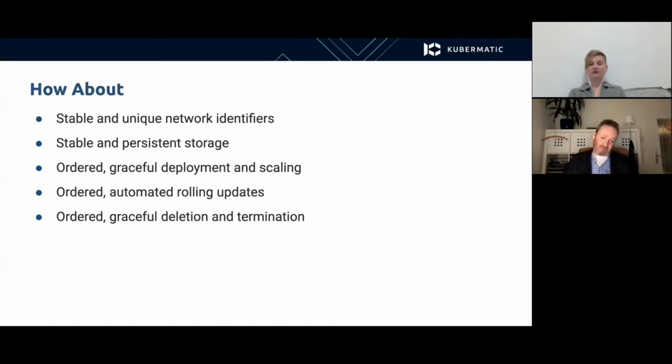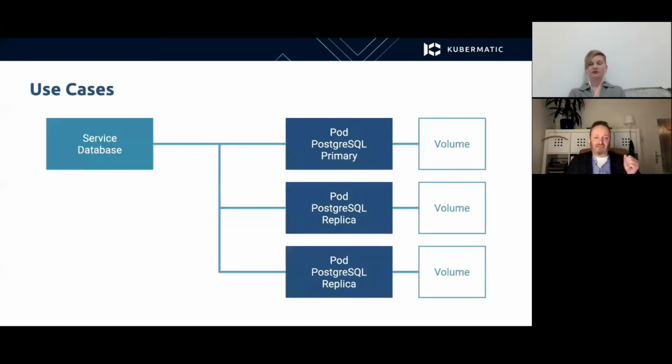And the same is true when we don't need it anymore, it should be terminated and deleted in a graceful, ordered way. So examples of it are mostly, interestingly, databases. Here, for example, it's a PostgreSQL database where we have a database service, which is the entry as the whole database service.